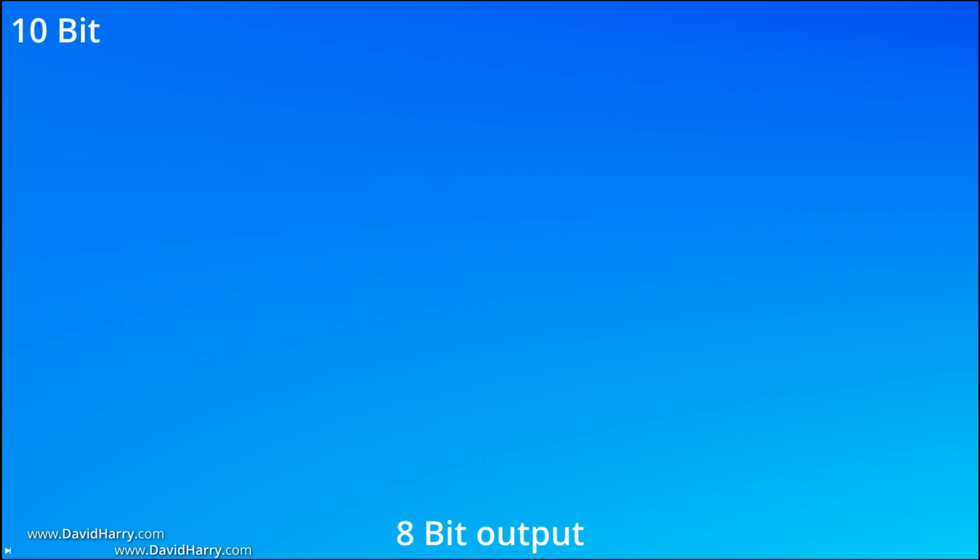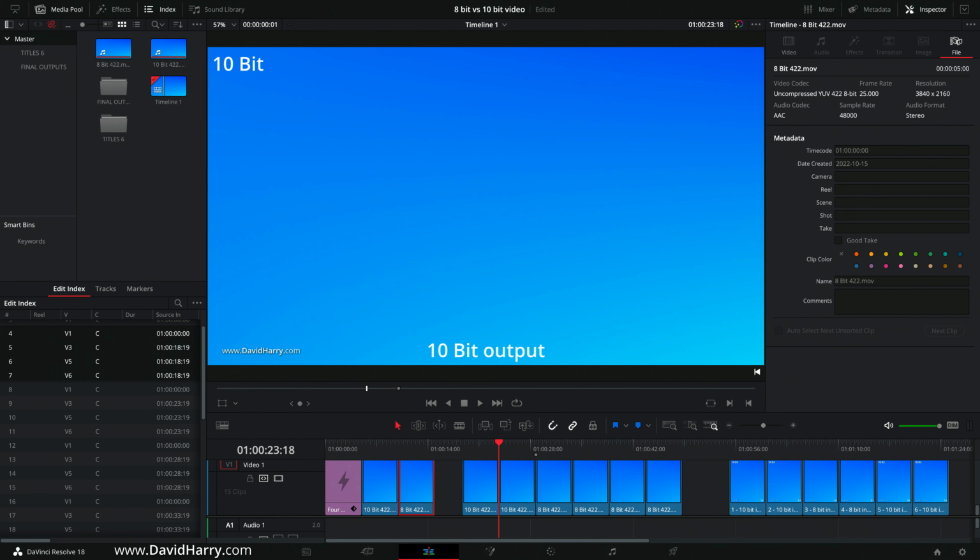So I'll go full screen here. There is the 8-bit output for the 10-bit input, and then there's the 10-bit output for the 10-bit input. Now, although they are uniquely different, you are going to see them exactly the same because once again, YouTube is truncating anything that's 10-bit down to 8-bit. Now, let me come out of there.